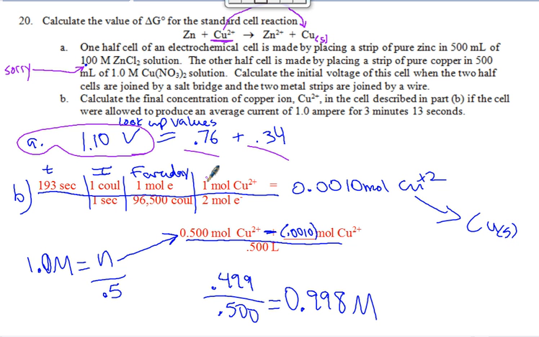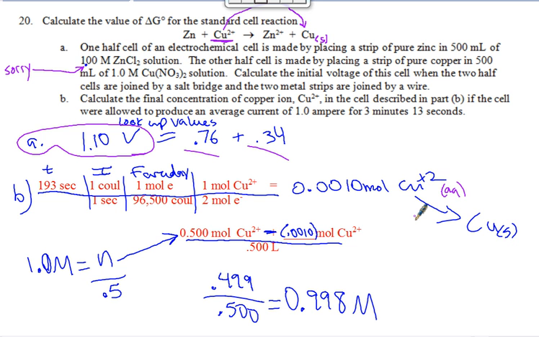After 193 seconds, 0.001 moles of copper have reacted. So these moles of copper are no longer aqueous, they are now solid. They used to be aqueous, but now they're solid. So after 3 minutes and 13 seconds, this many moles of copper have converted or reacted.